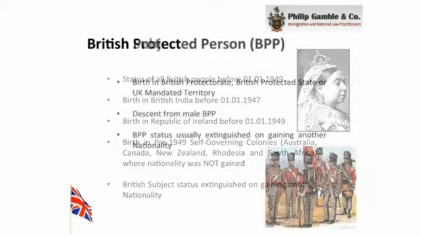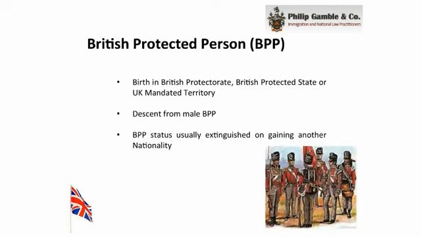A British protected person is a person who is connected to a former UK protectorate or protected state. This form of UK nationality can be acquired by descent in the male line, and it is sometimes extinguished if the subject takes the nationality of another country. Not always.